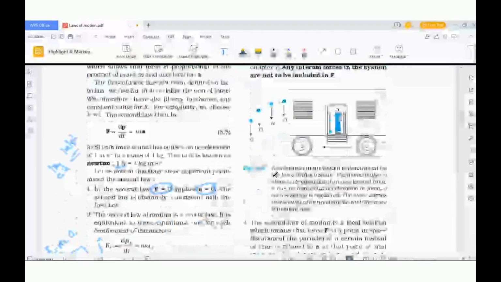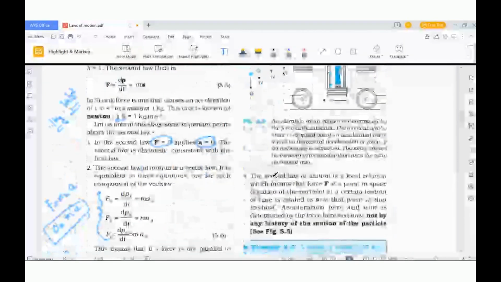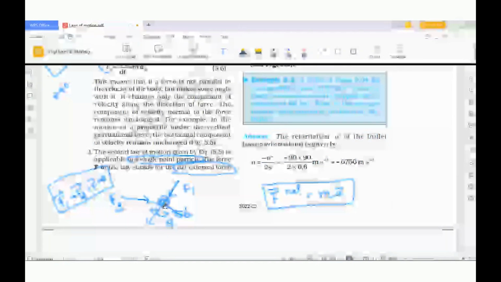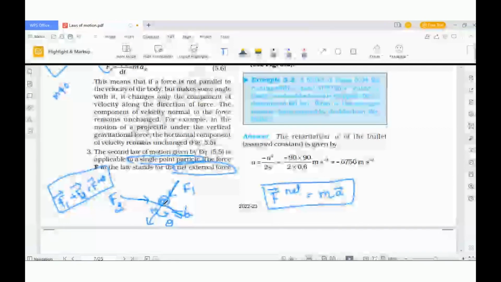That means here you should see what is the angle between F1 and F2. F1 is acting in this direction, F2 in this direction, and the angle between their directions is theta. You should see their magnitudes, then calculate the net force, and that will be equal to m into a.